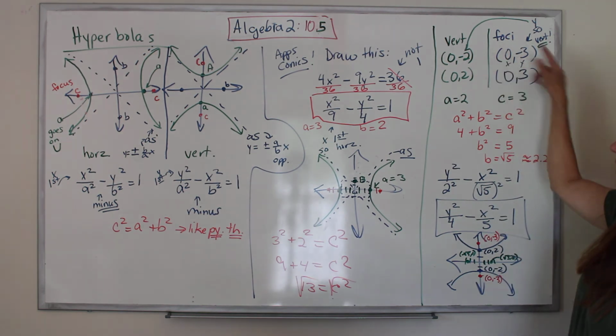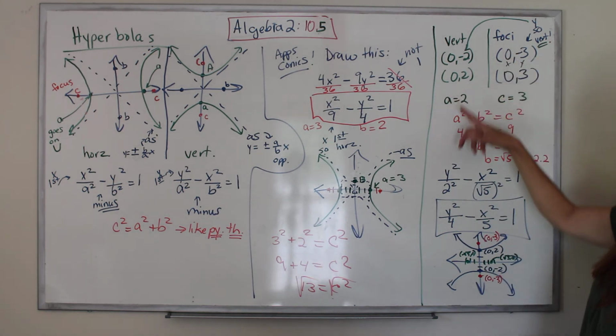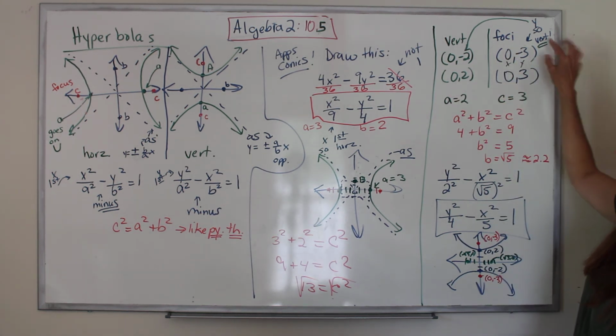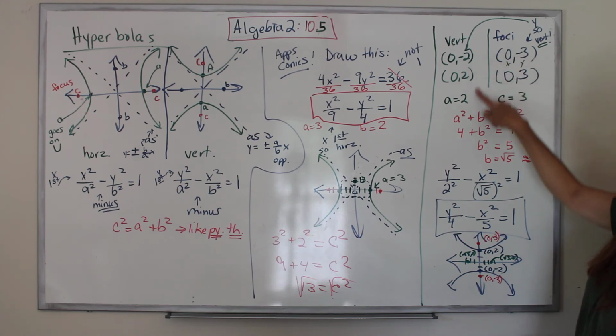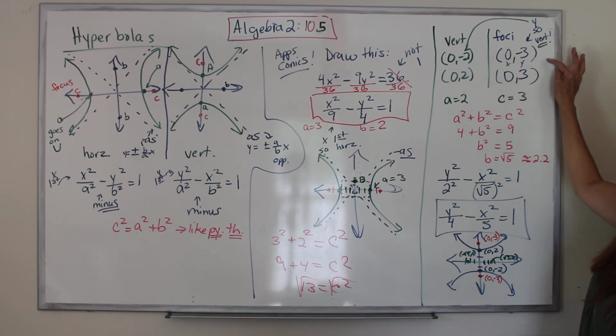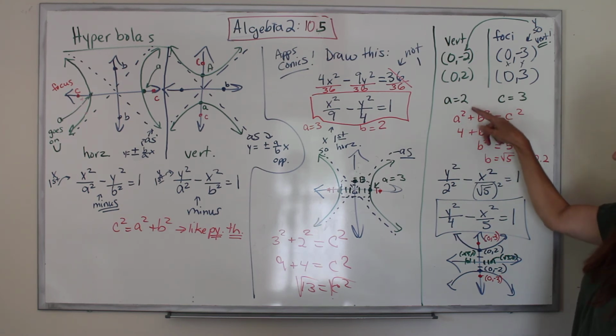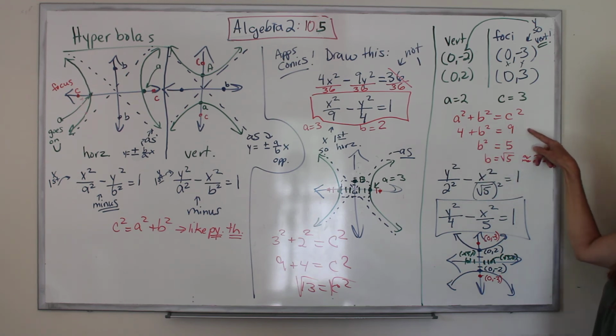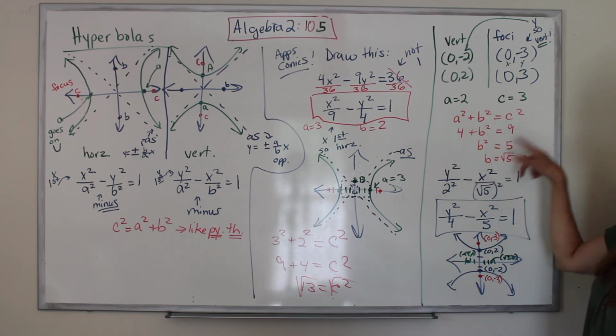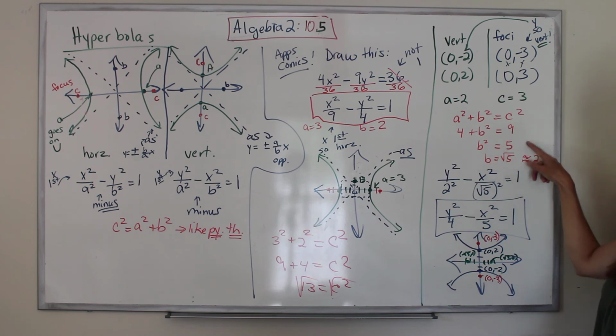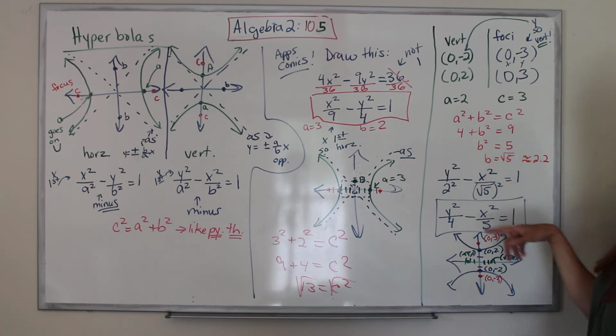So y's have something, x's are 0, so we know this is vertical. We can see that a is 2 and that c is 3, and we can solve for b. A squared plus b squared is c squared, 2 squared plus b squared is 3 squared, minus 4 from both sides, b squared is 5, b is the square root of 5, which is about 2.2.